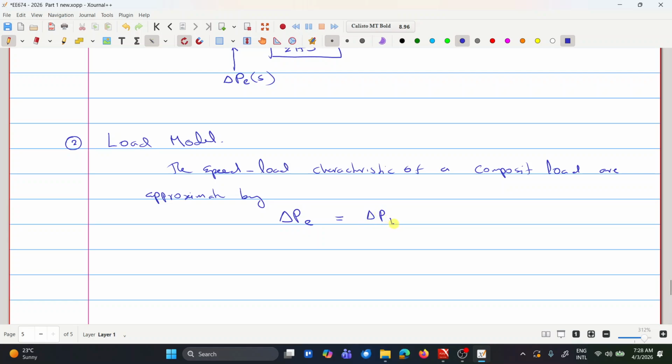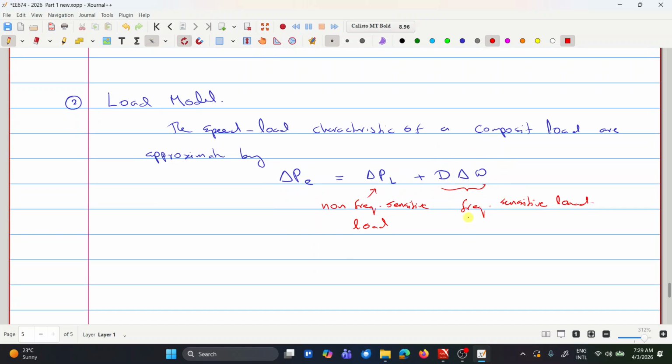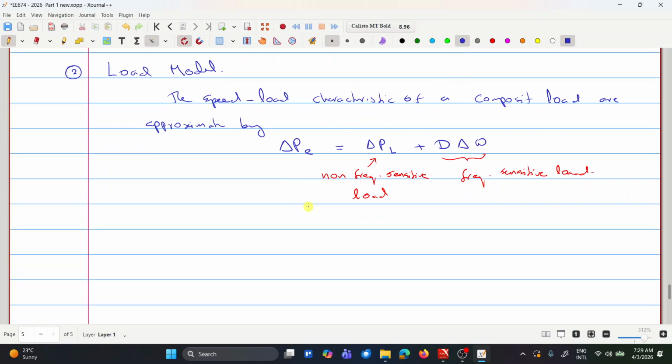the non-frequency sensitive loads plus the frequency sensitive load. So this load is non-frequency sensitive. That's why it's called the composite load, and this part of the load represents the frequency sensitive load, so it's sensitive to the change in the speed or the frequency.